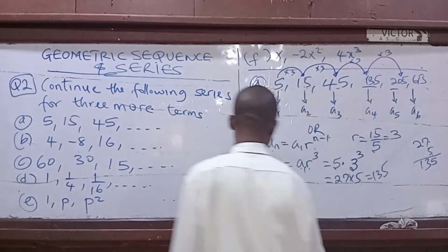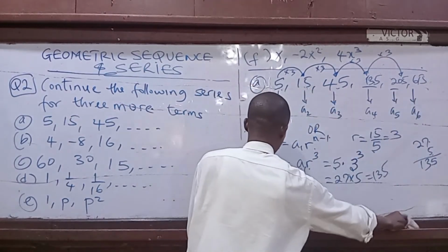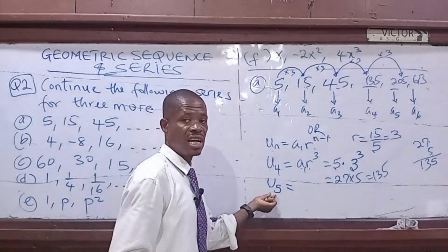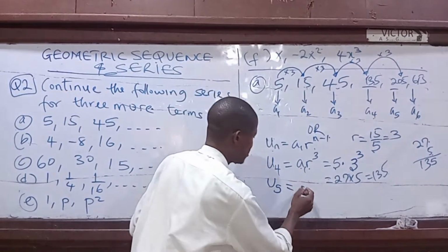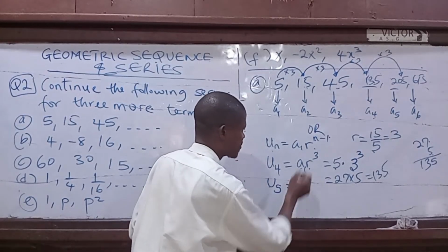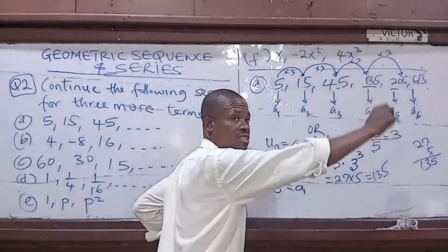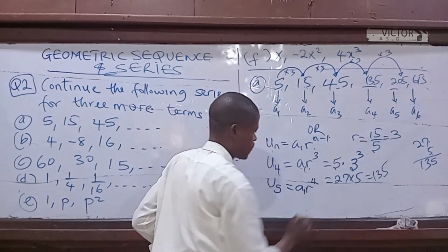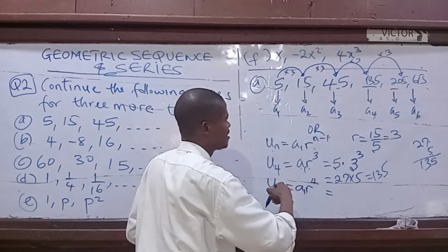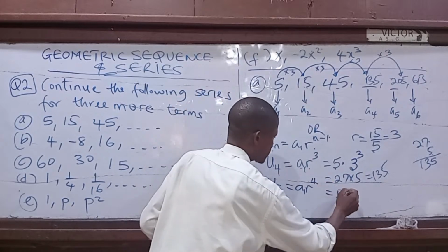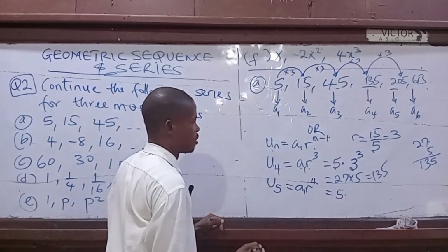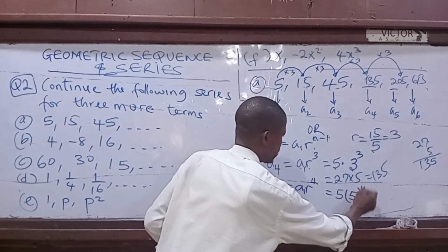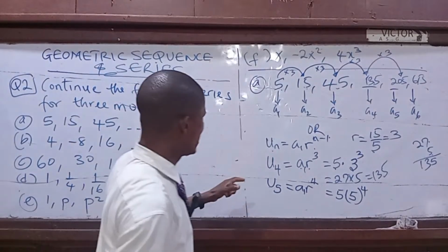Then you can also go on and get the fifth term, u subscript 5. What will the formula be? For the fifth term, n is 5. That will be 5 minus 1, that's r to the power 4. And that will be equal to what? My a is 5.